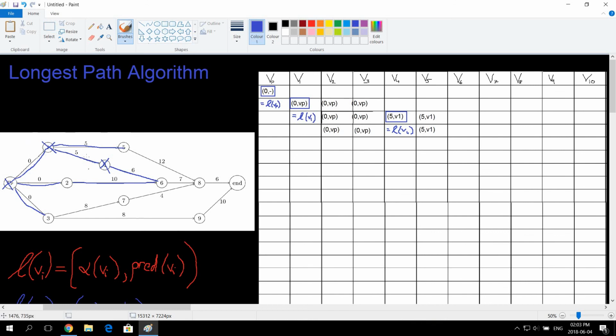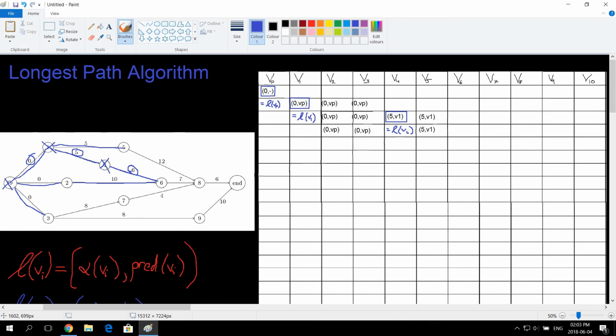There's no other options. So because of this, we cannot put this value in this line. We're going to have to add these two, because 0 plus 5 plus 6 is 11. So from V4 to V6, it's actually 11, because to get to V4 it was 5.